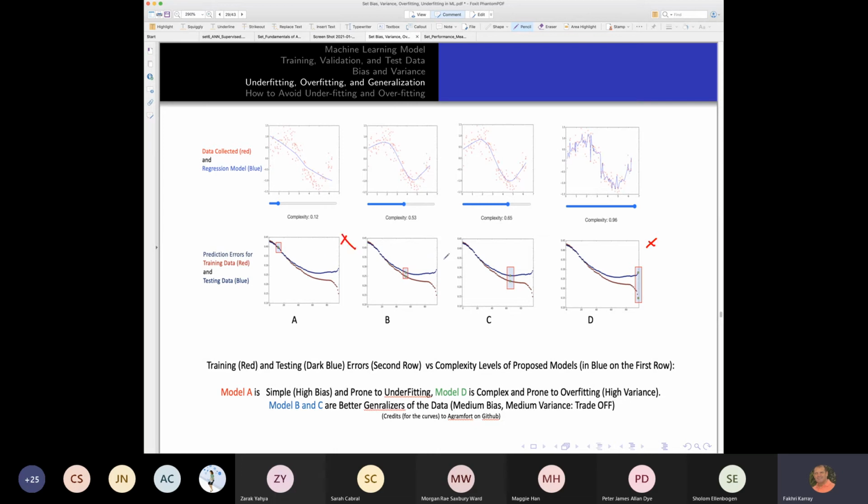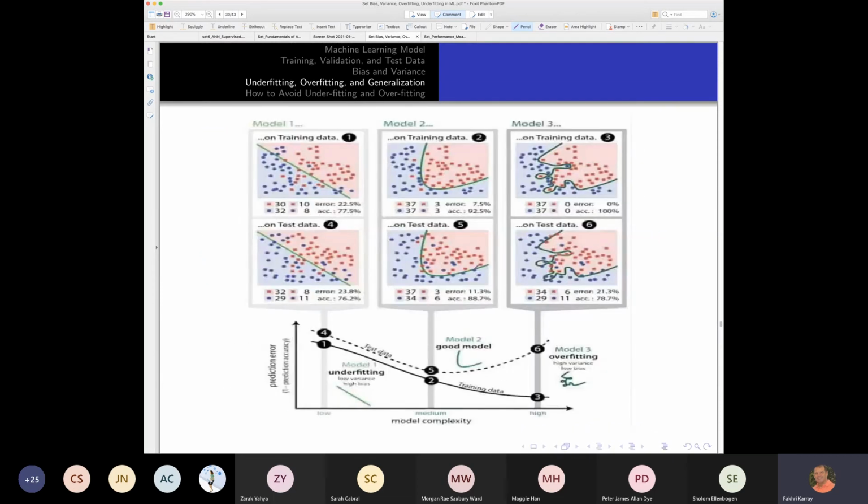This we want somewhat, but this one we want even better, because of low variance of the error. So model A is simple, high bias and prone to underfitting. Model D is complex and prone to overfitting. Models B and C are better generalizers of the data. These are two better models that we might utilize as the representative of the model.